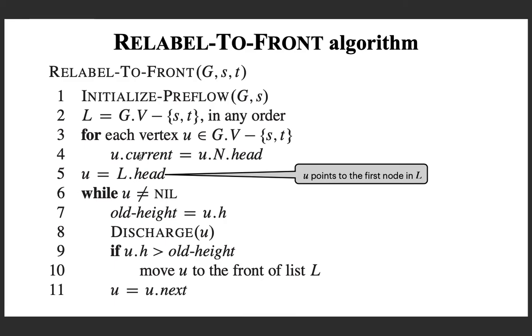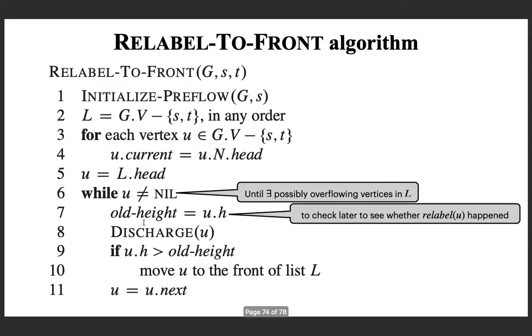Then it tries to discharge by picking nodes from this linked list. It always takes the first node as u, and until there exists some node in that list, it copies that height, because if a relabel is performed, the height will be increased.